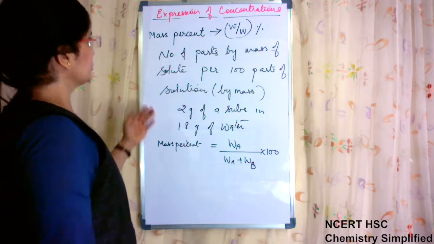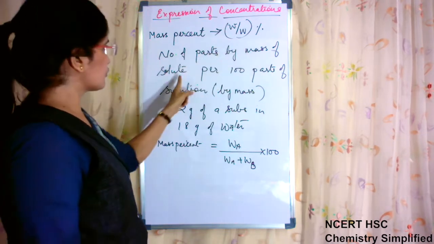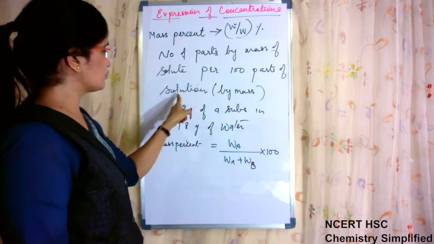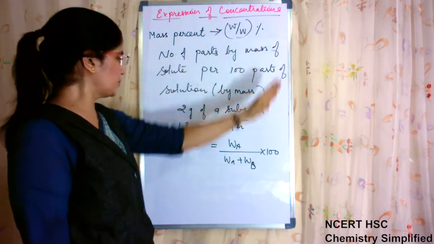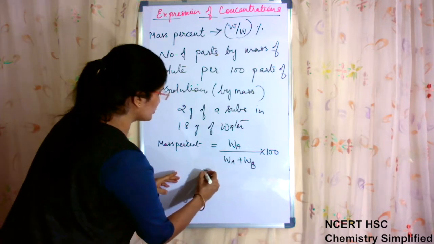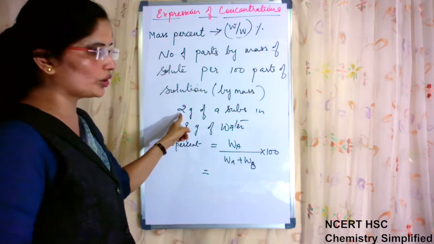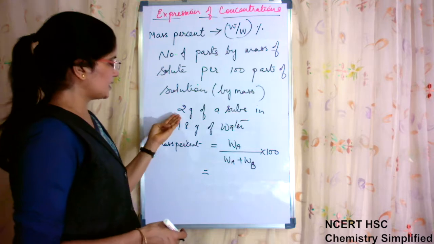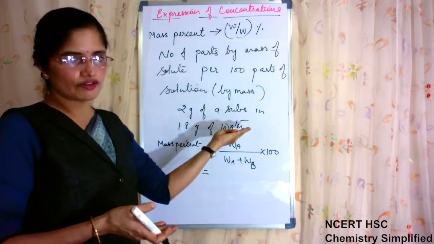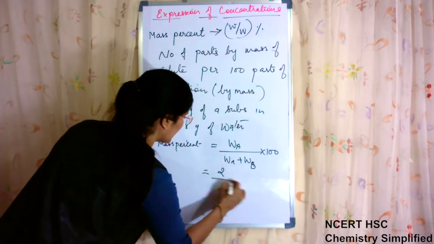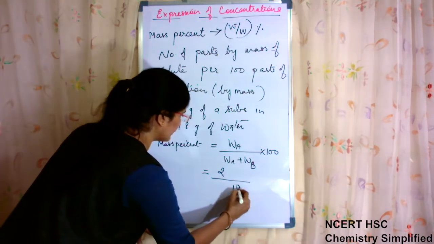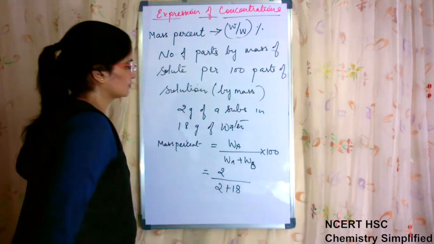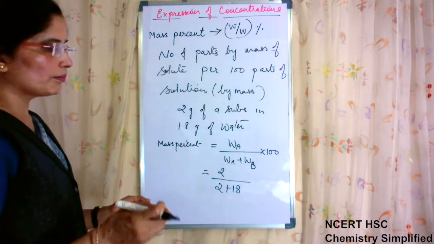Okay, so the number of parts by mass of solute per 100 parts of the solution is actually known as mass percent, or W by W percent. That means, according to the question, if we want to prepare such a solution, then we will weigh 2 grams of solute and we will weigh 18 grams of water, and then we will mix both of them.